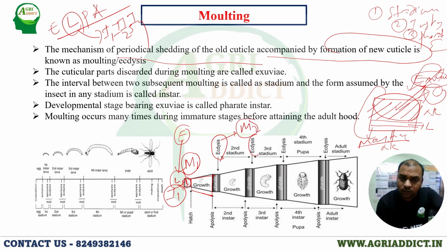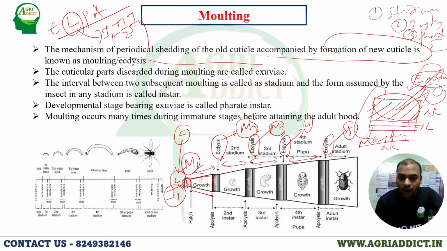Similarly, this is molting 3, molting 4, and molting 5. The time interval between two molts is called the stadium. Here this is the first stadium, the second stadium, the third stadium, and the fourth stadium.